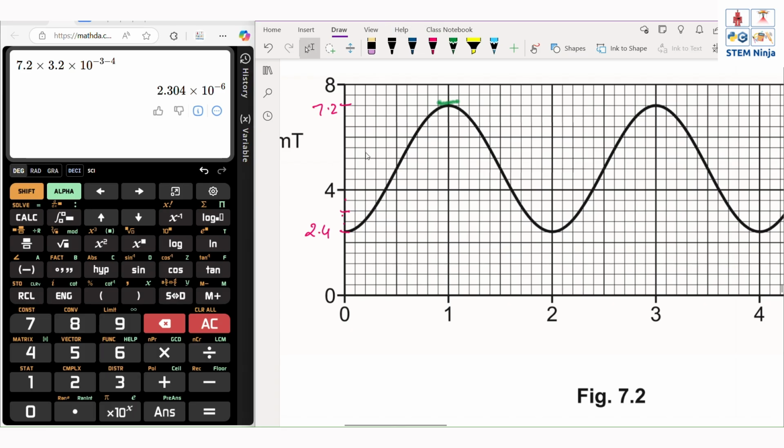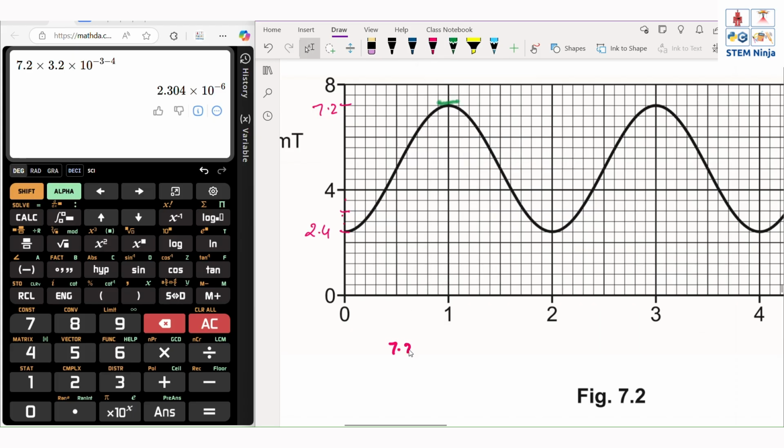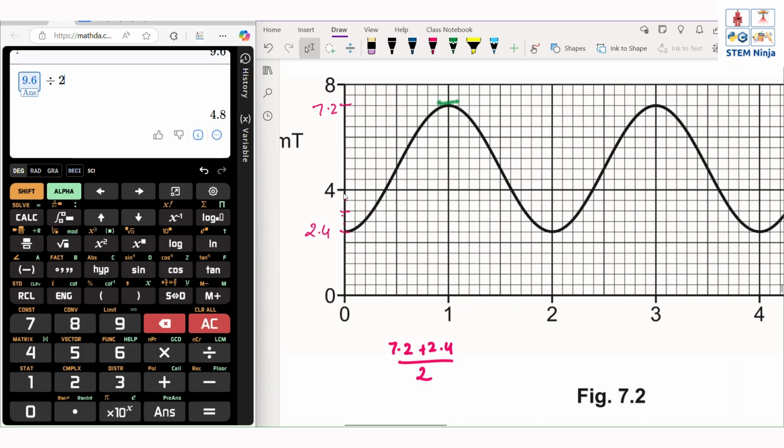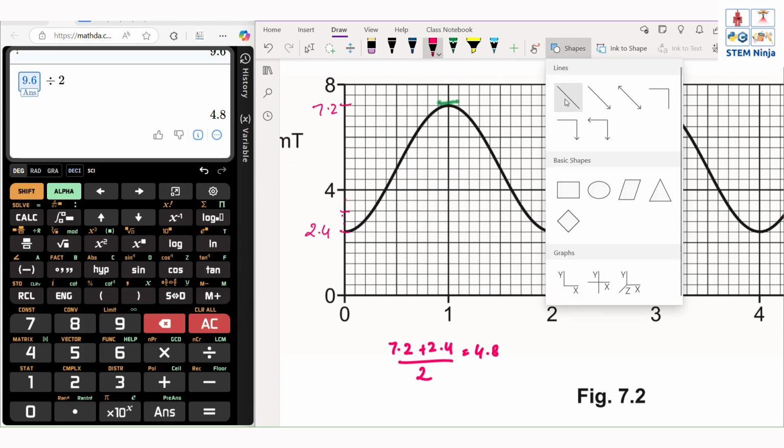First, we need to find out where is the mean position. So all we need to do is do 7.2 plus 2.4 divided by 2. So 7.2 plus 2.4 divided by 2, that is 4.8. So that means 4.8 is the mean point, mean position over here. So let's draw a line at 4.8.